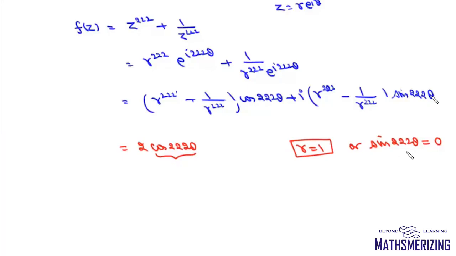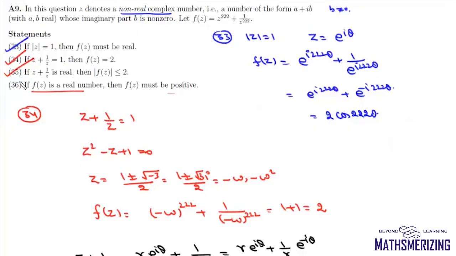Also if we take sin 222 theta as 0, then cos 222 theta can be either plus 1 or minus 1. So this f(z) may be negative and it may be positive. So statement 36 is not always correct. That means it is incorrect.